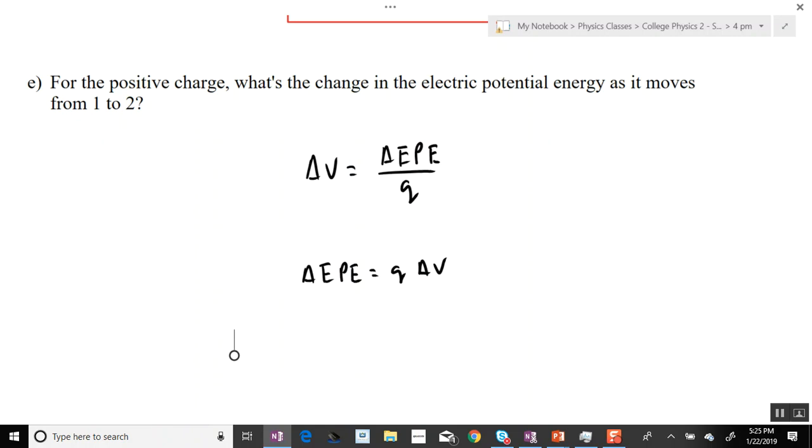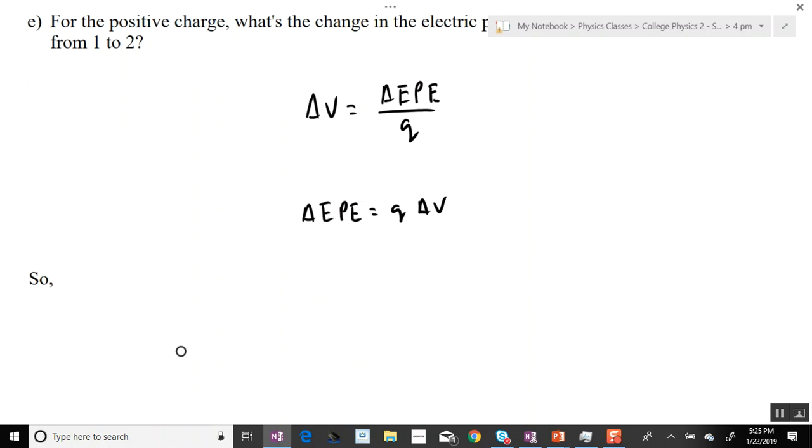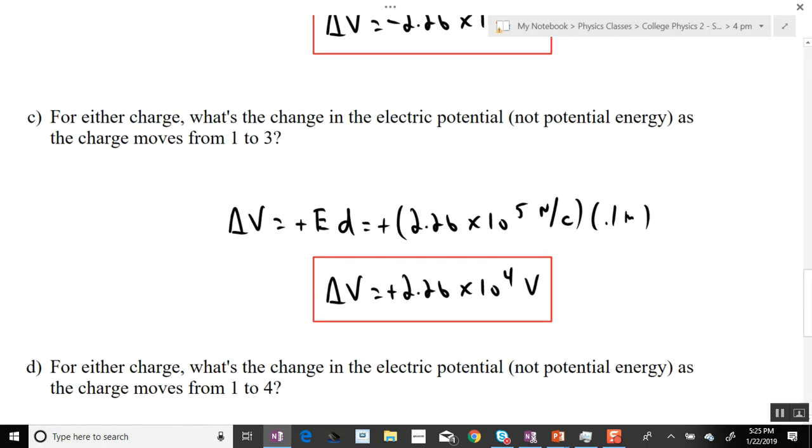So for this case here, all you do is you take your charge that you're moving. In this case, it's the positive charge, which was, I think, 3 microcoulombs. But it's positive. Is it 3? It is 3, right? And you multiply it times the change in V from 1 to 2, which we found in part B, I think, right?